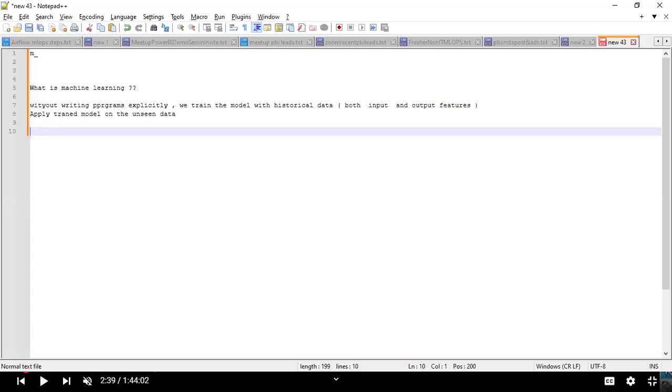Only then can we say that you generalize the concept very well. So rather than memorizing the concepts, you are generalizing, because if this year they ask the same question in a tricky way, you should still be able to answer it with the correct answer.